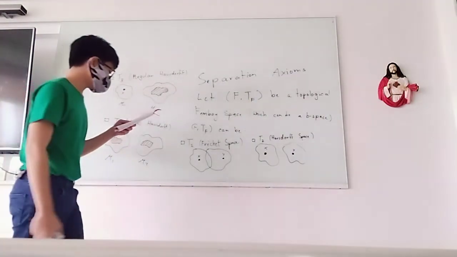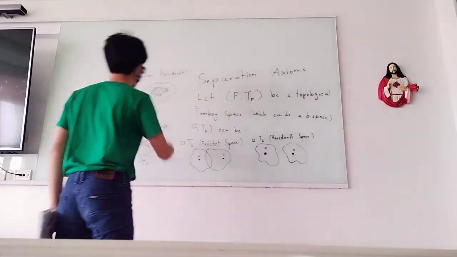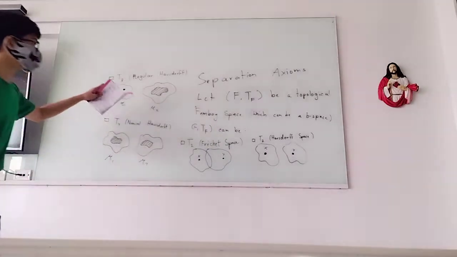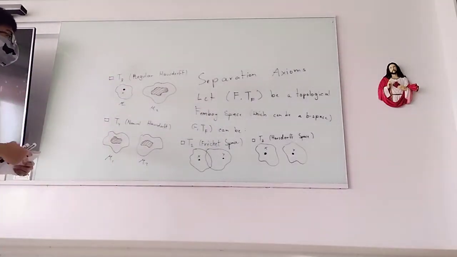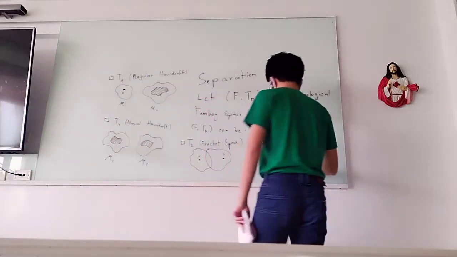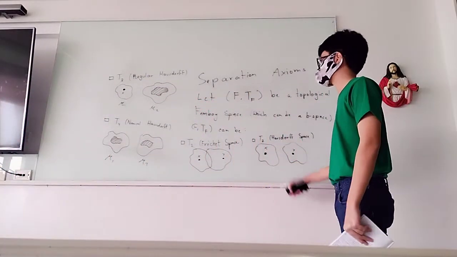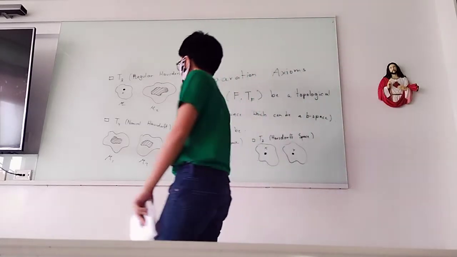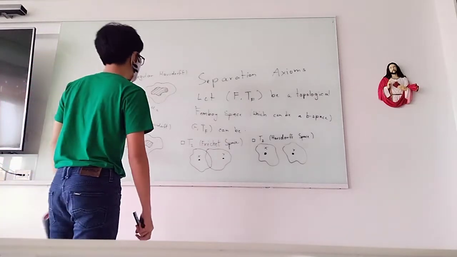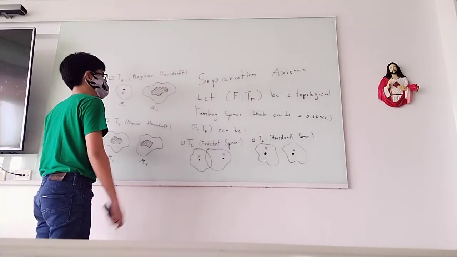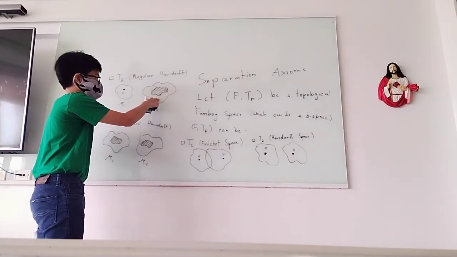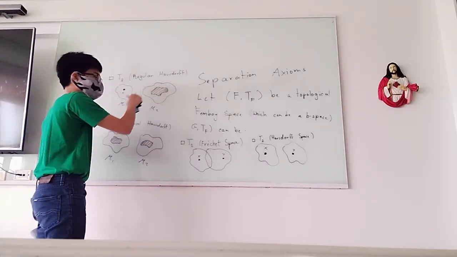And likewise, T3 here does not imply T2. So if someone tries to claim that a regular Hausdorff space is also a Hausdorff space, counter them by saying, the reason why it's called regular Hausdorff is that one of the points here is a closed interval instead of a point. So it's more of a neighborhood of points here.